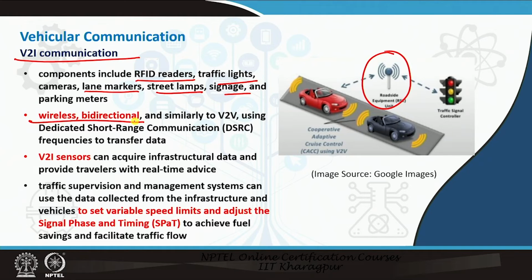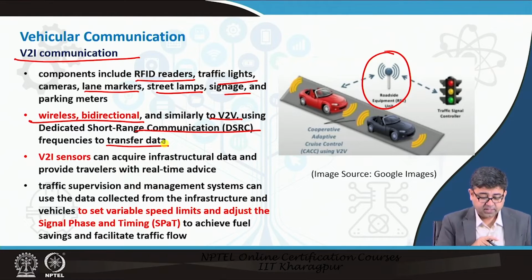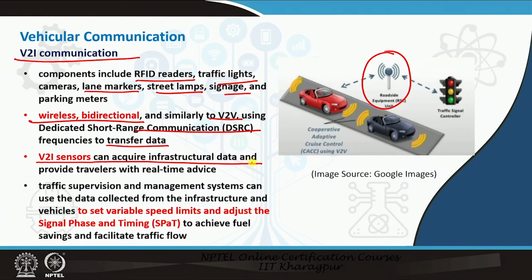Wireless bidirectional, and similarly vehicle to vehicle, using dedicated short range communication frequencies to transfer data. DSRC is something that is very necessary in order to transfer data. V2I sensors can acquire infrastructural data and provide travelers with real time advice, right.